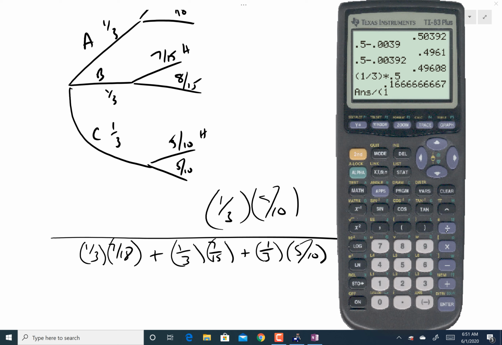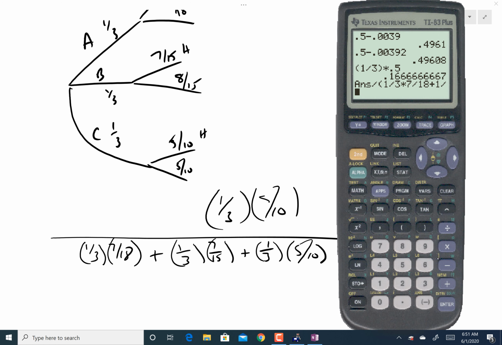You've got 1 divided by 3 times 7 divided by 15, about a 37% chance.